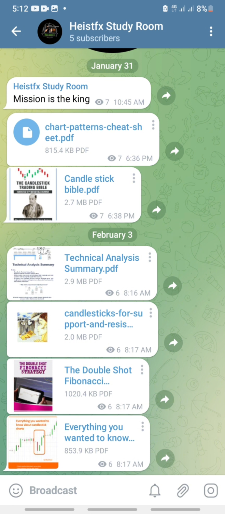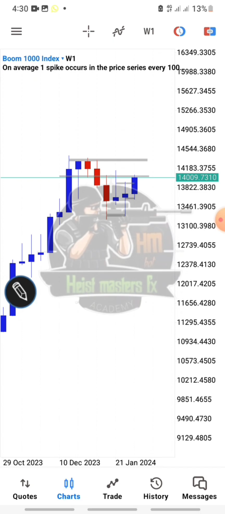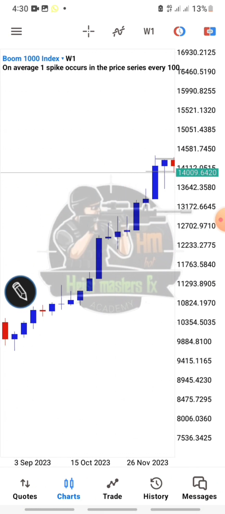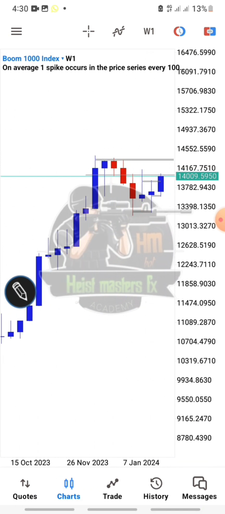Now this is how we are going to do this top-down analysis of the Boom 1000 index. We are in a weekly time frame. You can see generally we are on a bullish trend. So when we are in this bullish trend, how is the market communicating to us, or what can we see the market is trying to do at this point?